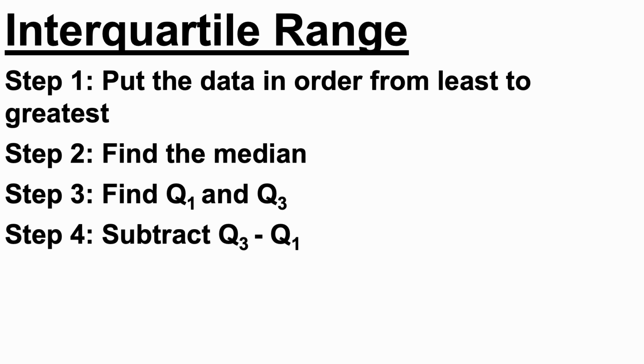Then we find our median, find quartile 1 and quartile 3, and subtract quartile 1 from quartile 3. Well, Miss Baker, I don't know what the quartiles are. I got you. We're going to go through an example, and I'm going to show you exactly what I mean by the interquartile range. Let's take a look.